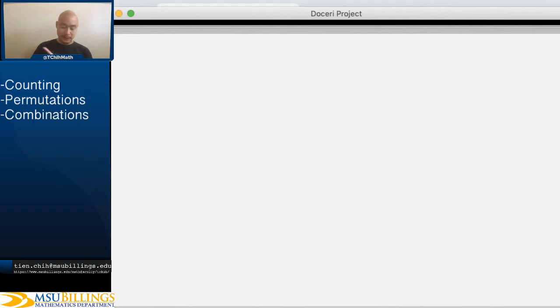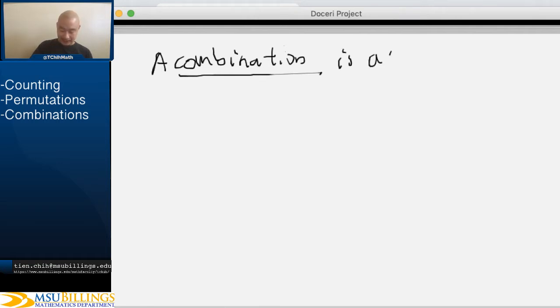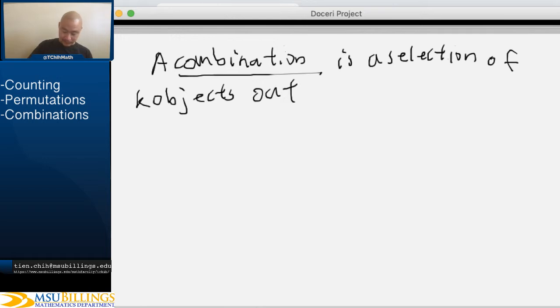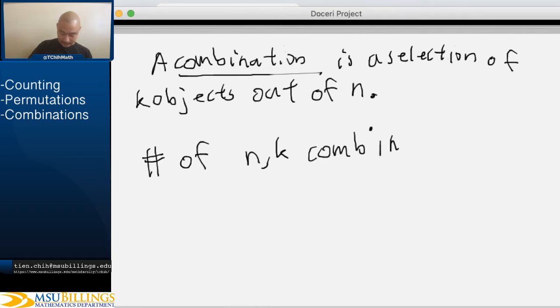So a combination is a selection of k objects out of n, and the number of combinations is denoted n choose k.